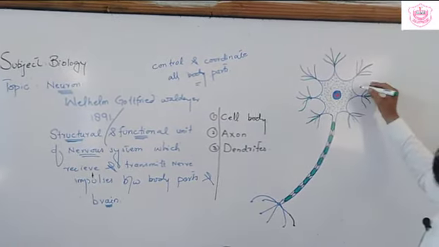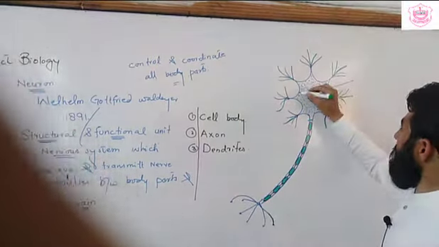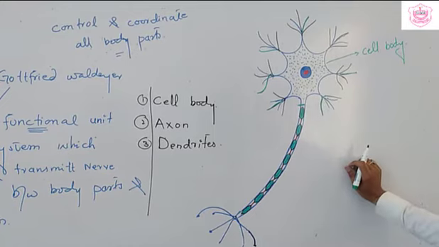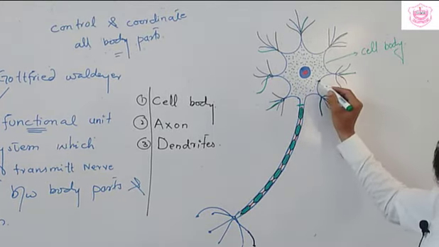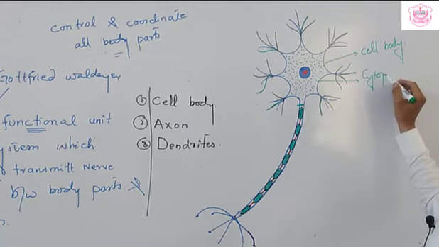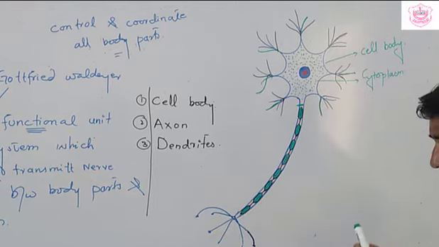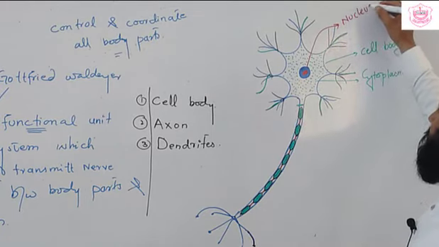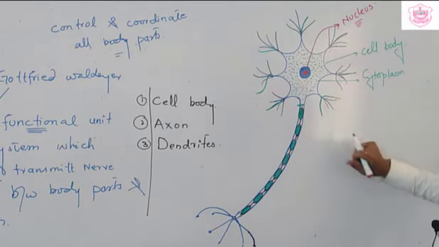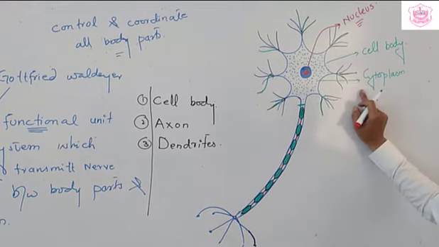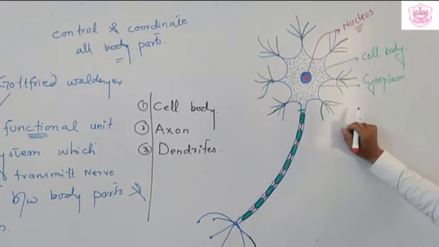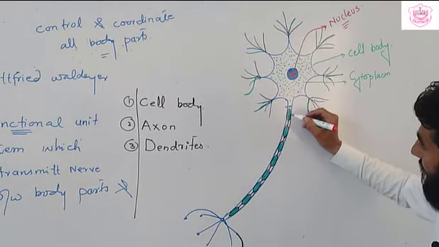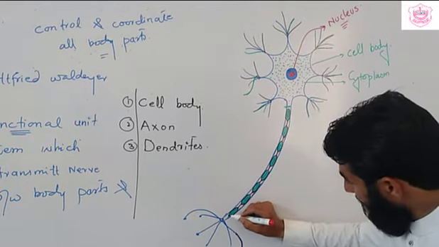This portion is known as the cell body. Inside the cell body, a fluid is present that is known as cytoplasm, and this one is the nucleus. The largest part of the neuron is the cell body, which consists of cytoplasm, nucleus, and also cytoplasmic organelles like mitochondria, Golgi bodies, etc. And a single unbranched structure arises from the cell body toward the terminal button or axon button.